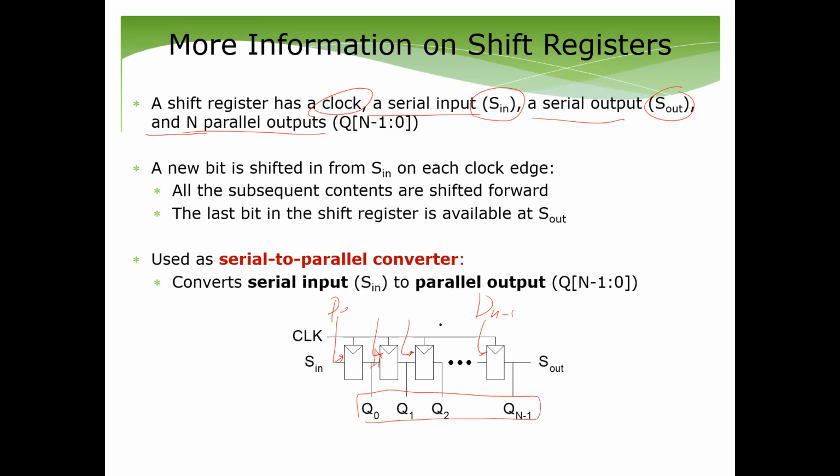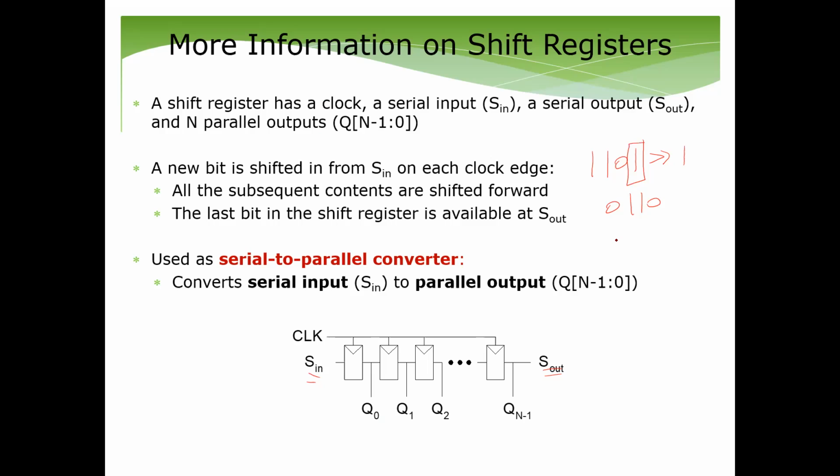Now this register that this slide is talking about has the following features: it has a serial in, and it has a serial out. That means we are catching the bits that are coming out of our shift register. If you remember shifting, there is one bit that you're going to ignore. For example, if I want to shift right this value by 1, the result of this operation is 0, 1, 1, 0.